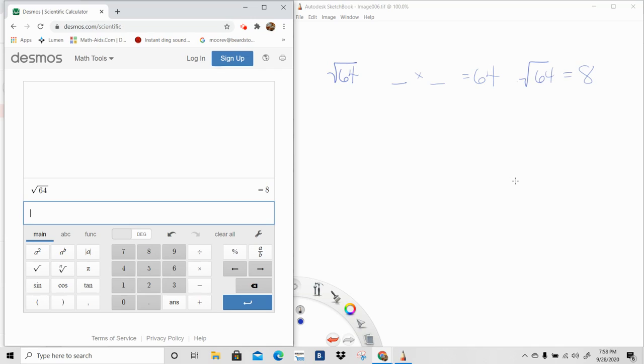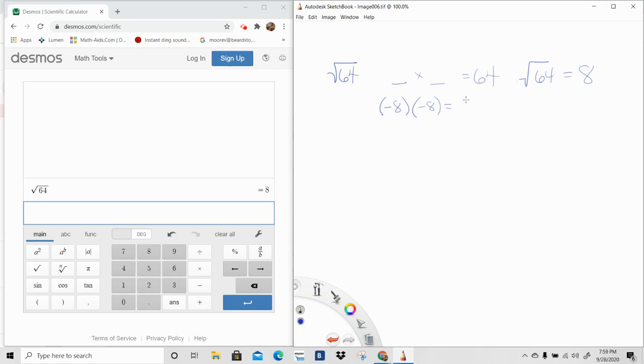Now, the next one shows us another thing about square roots. When we say the square root of 64 is 8, that's true, but guess what? There's another number that you could multiply by itself and still get 64.